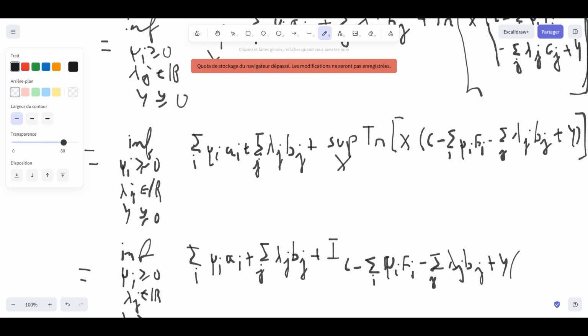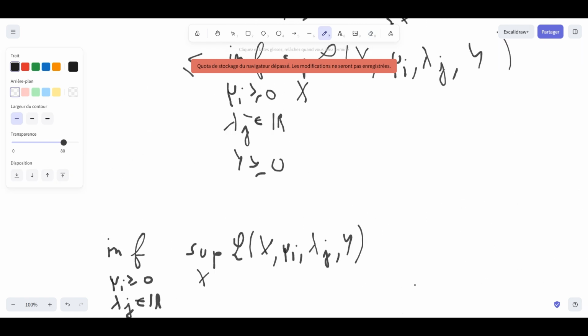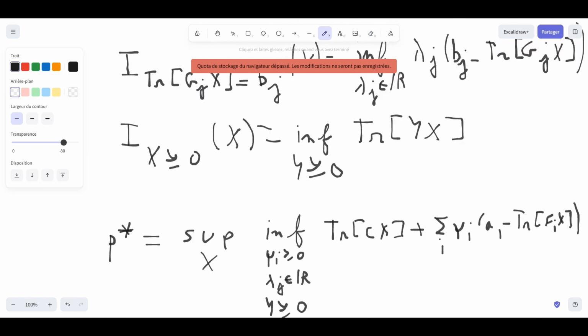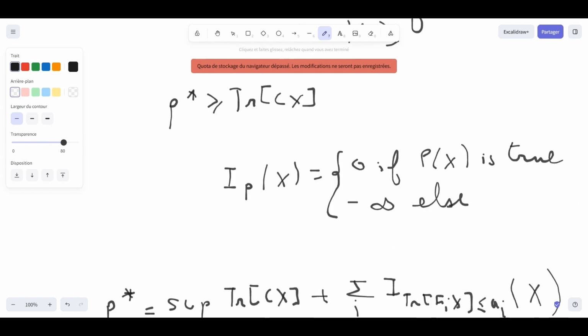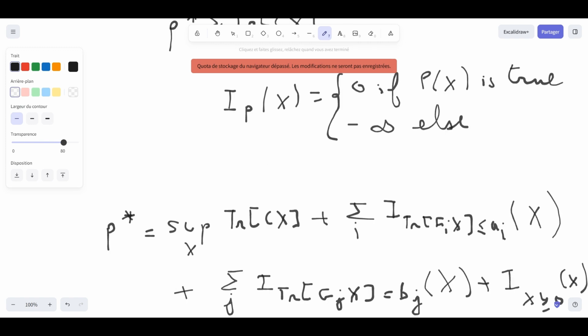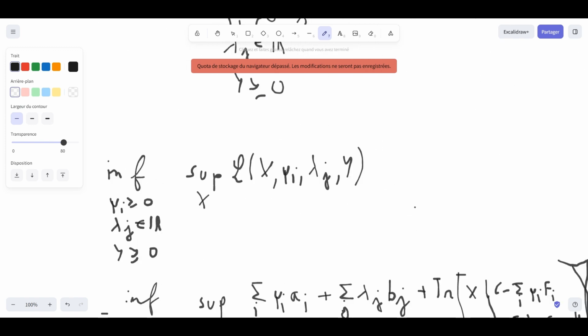For three constraints. Oops. Yeah, so I put the 0 here.